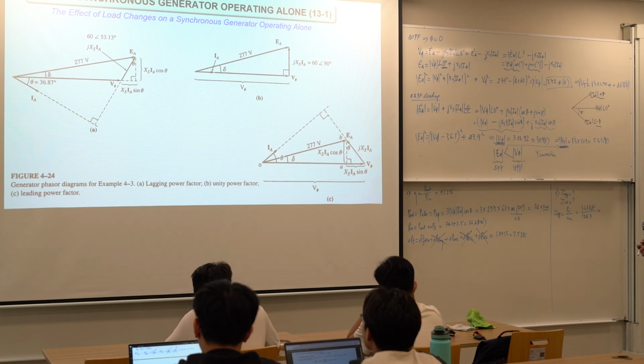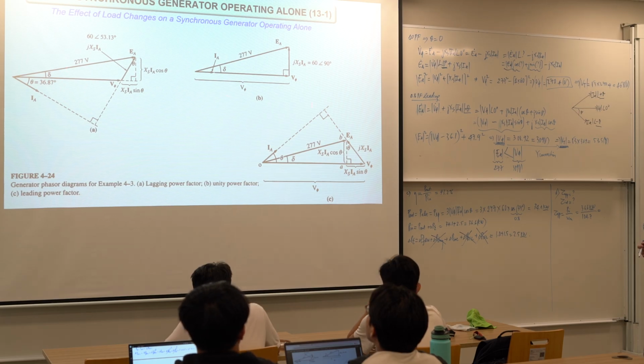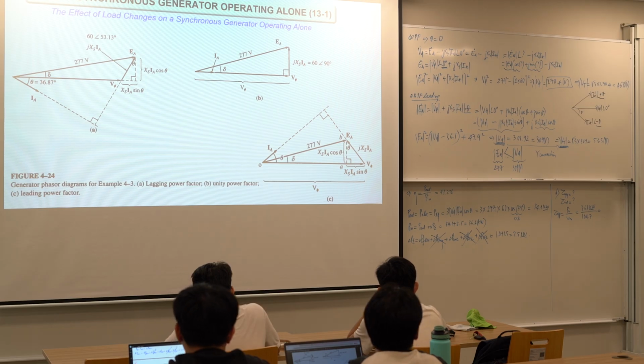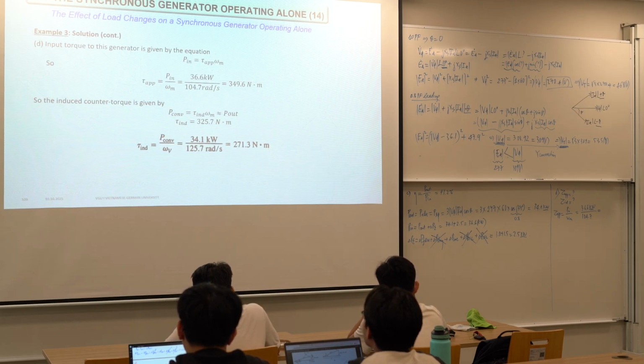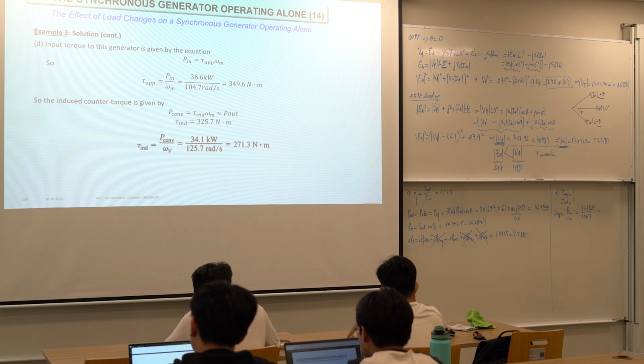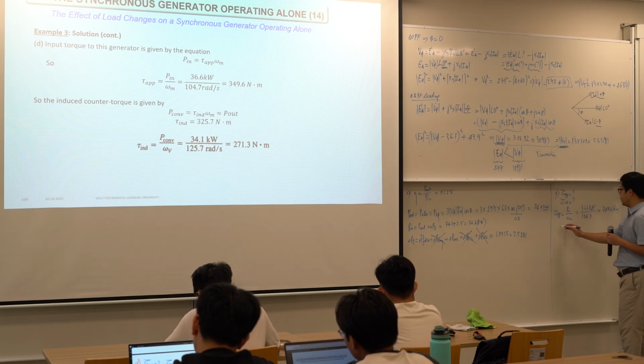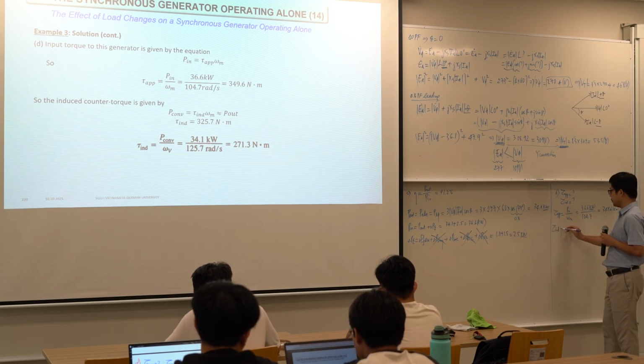This is the phasor diagram I also draw here. You can draw it for yourself because you have more information. Later on, I will draw the phasor diagram. So we have the applied torque is 349.6 Newton meters, and we also get induced torque.